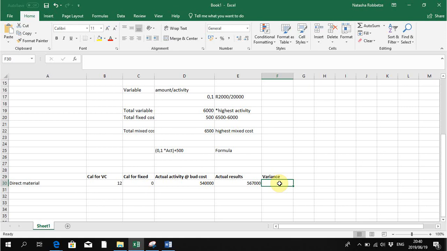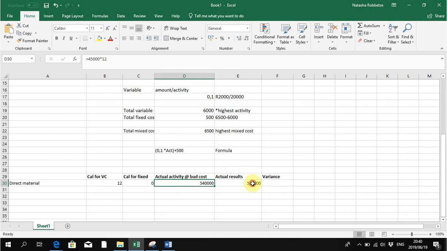And now I am at the variance part. So I need to ask myself, is it good or is it bad? Because you must always indicate whether it is a favorable or an unfavorable variance. So let's see, this is a cost. Material is something that I buy. So I can take this amount and consider that to be the budget, where this is the actual result. So I was allowed to spend 540,000.